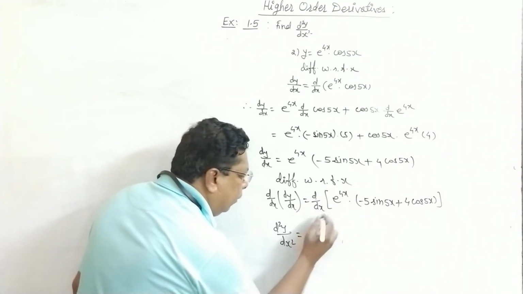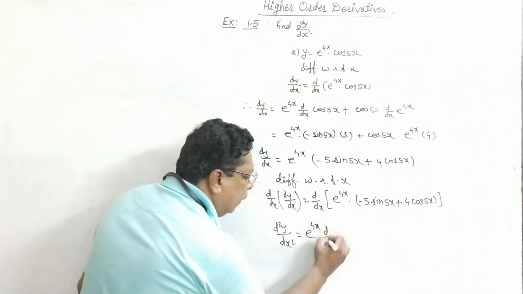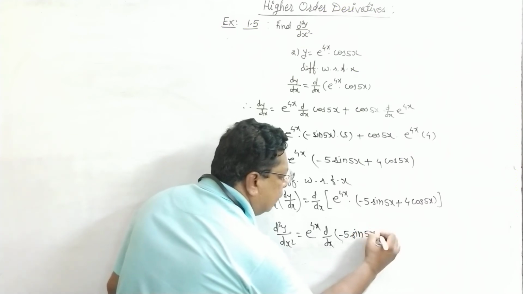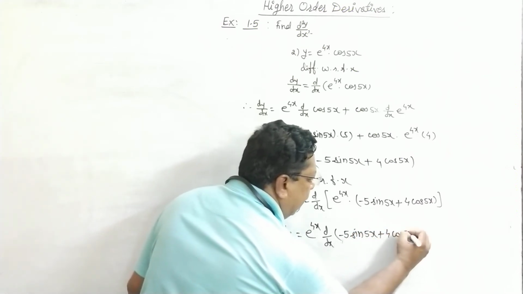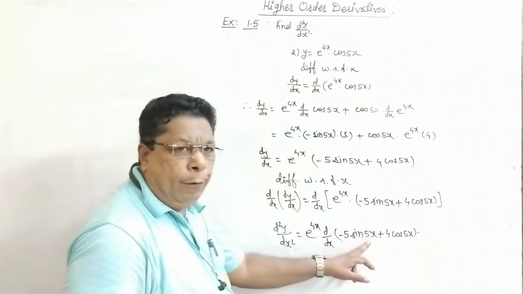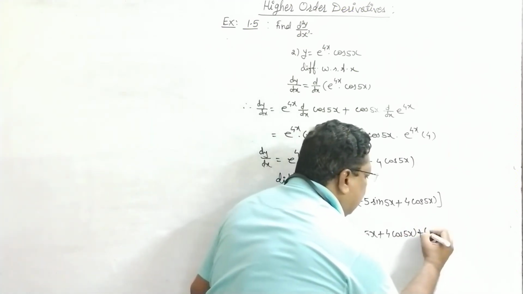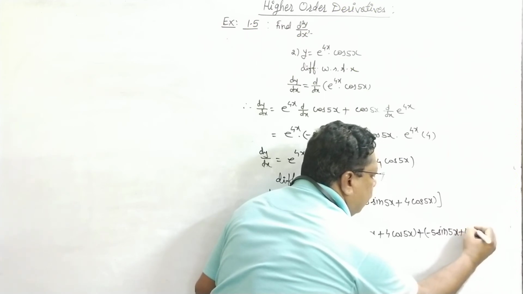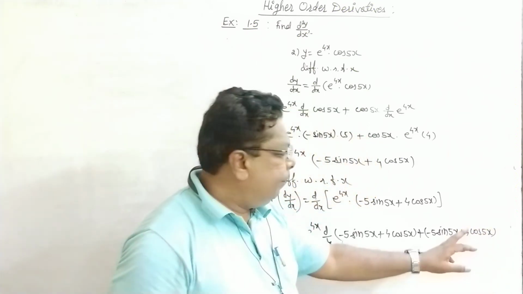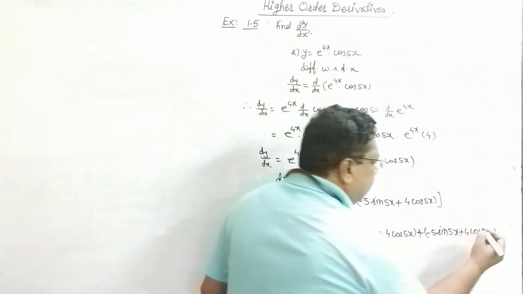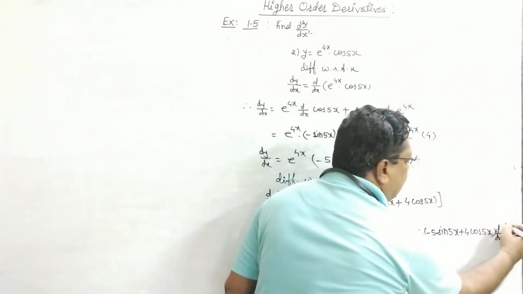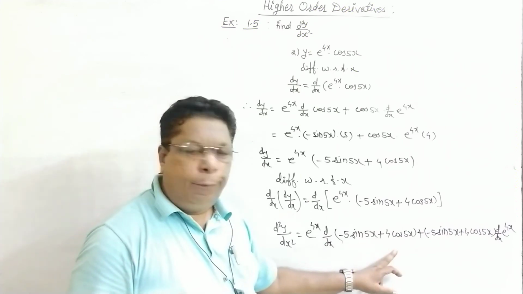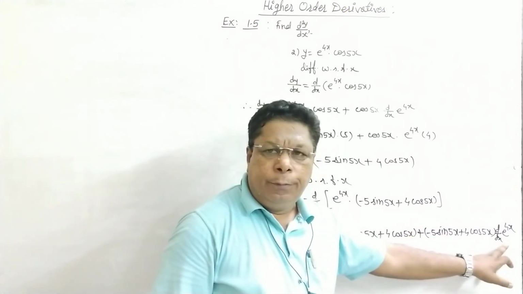Now here use the product rule. First function e raised to 4x into d by dx of second function minus 5 sin phi x plus 4 cos phi x. u into derivative of v plus bracket में minus 5 sin phi x plus 4 cos phi x into d by dx of e raised to 4x. u into derivative of v plus v into derivative of u.